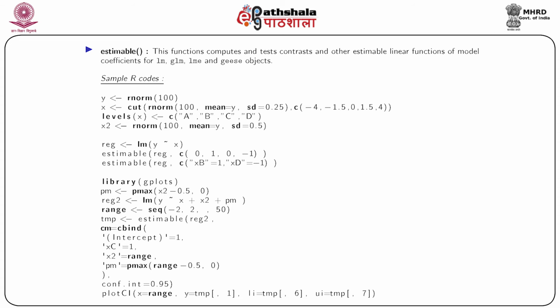So the estimable contrasts in case of the regression function, where we define the coefficients as c(0, 1, 0, -1), will help you test the contrast B minus D. Out of the four levels of X, A, B, C and D, using these coefficients 0, 1, 0 and -1, we are testing the contrast B minus D. This can also be written as estimable based on the regression of Y on X, such that XB equals 1 and XD equals -1.